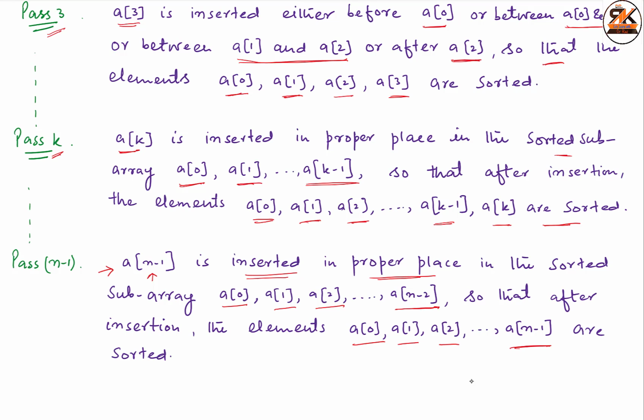So these are the algorithmic steps that we have to follow in insertion sort, and by using these steps we can develop a program which will implement the insertion sort algorithm. Now I'll write a function that will be called to execute the insertion sort algorithm.